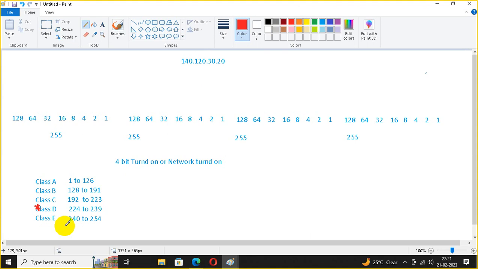That means mobile companies use it for SMS sending. So it is not used for general purpose of communication. Class E is used for secure encrypted messages by any country's defense organization, like DRDO in India and the Defense Research Academy in the US. So these two are not for general purpose of communication, so we have to remove them from this list.